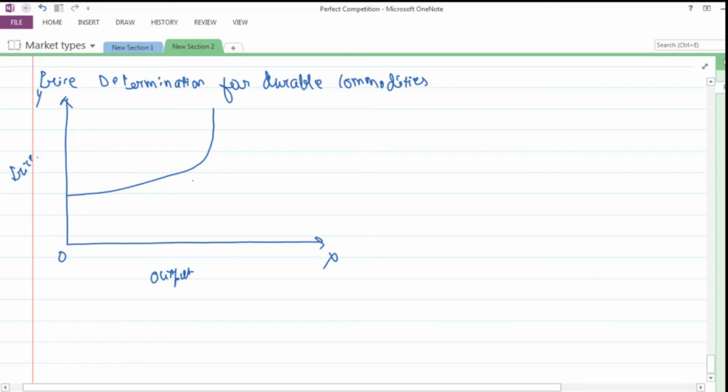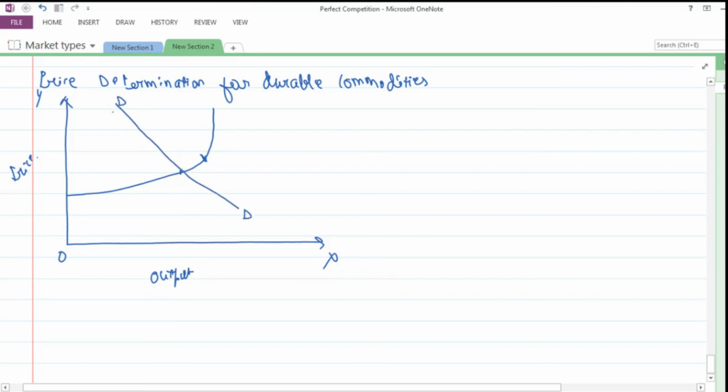So the stage at which it becomes a vertical line, say for example a firm was working at this level earlier, that is at this level we have the DD curve. Okay, that has gone a bit funky. So yeah, this is the DD curve.